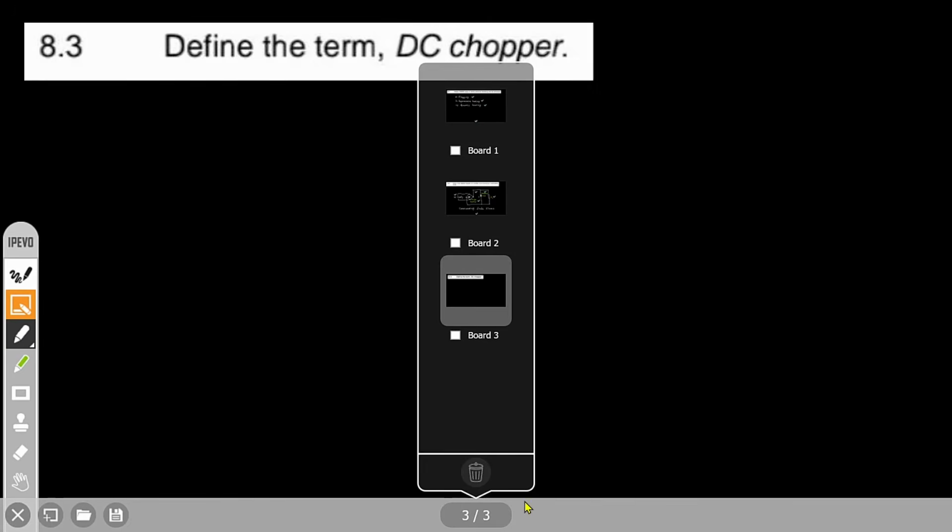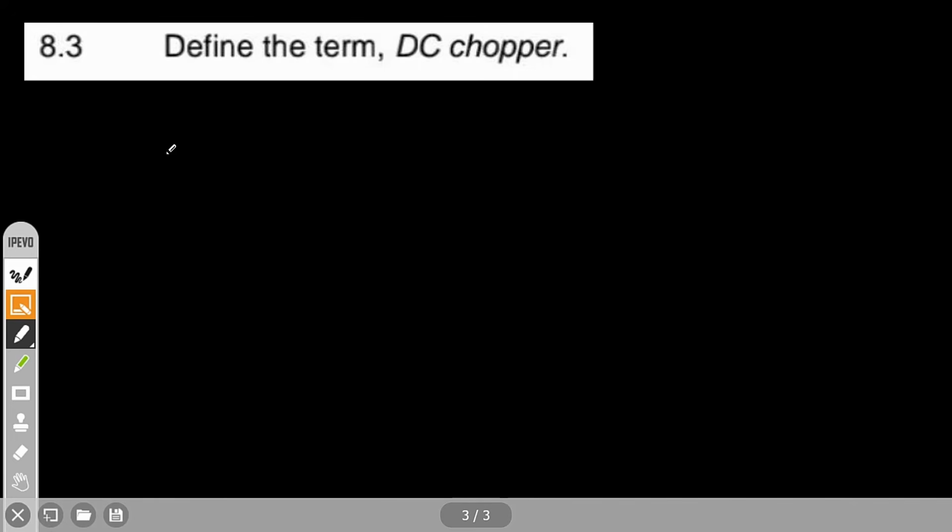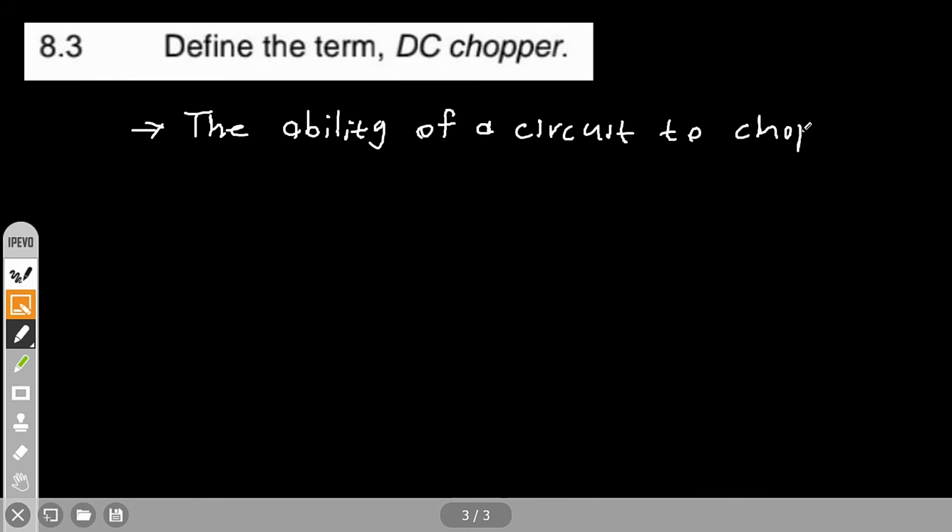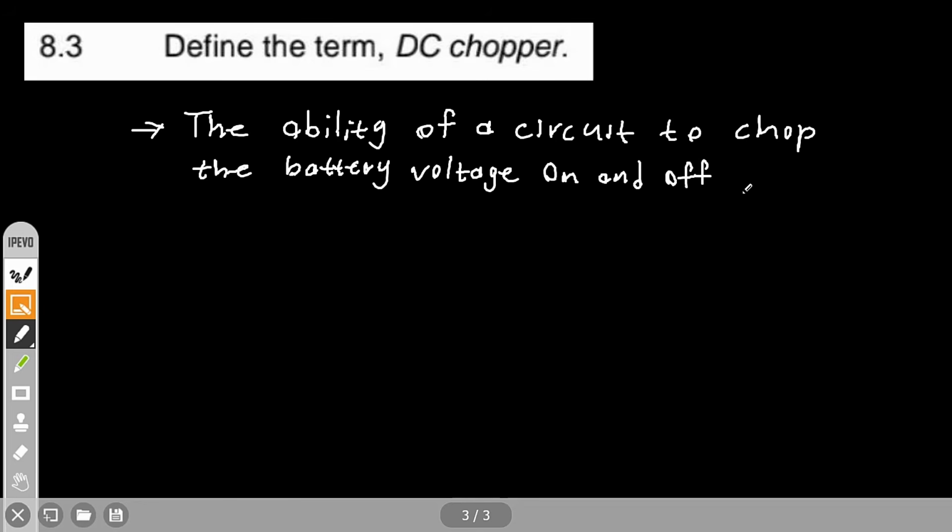Now a DC chopper is the ability of a circuit to chop the battery voltage on and off to the load.